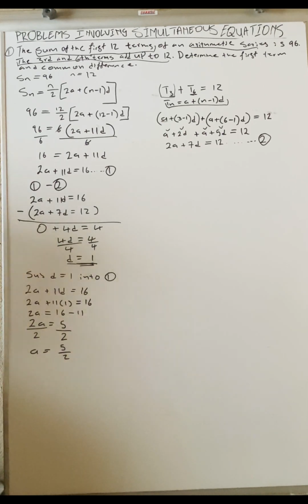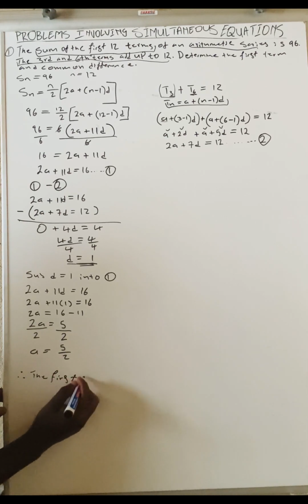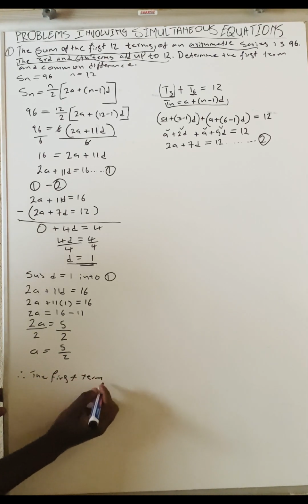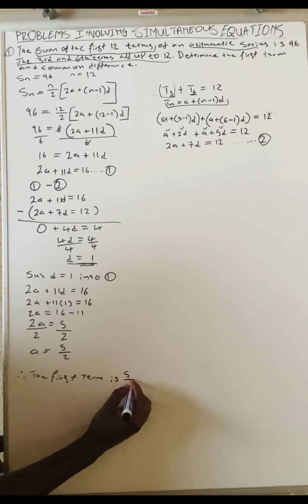Then they said find the first term and common difference. You can say therefore, the first term is 5 over 2.